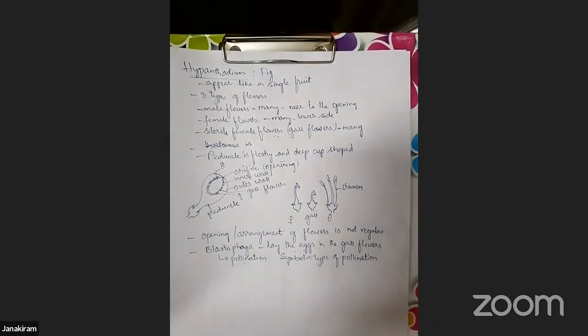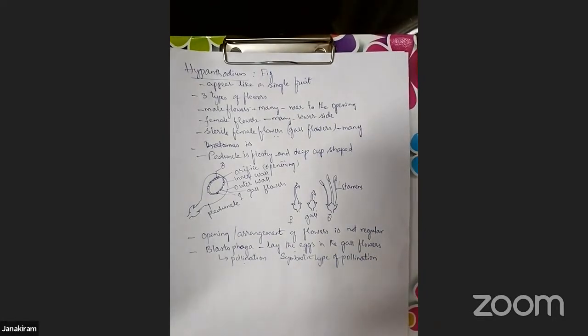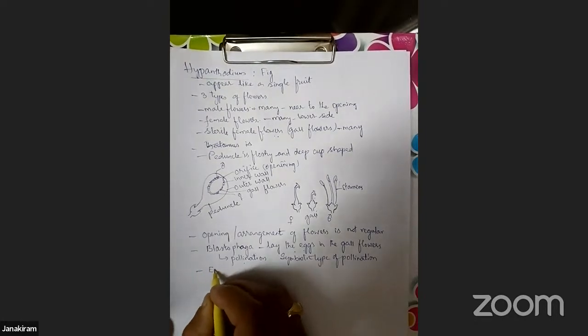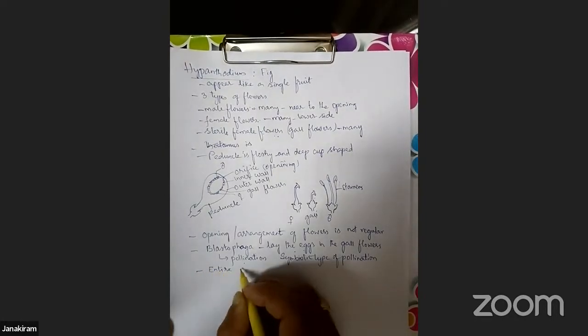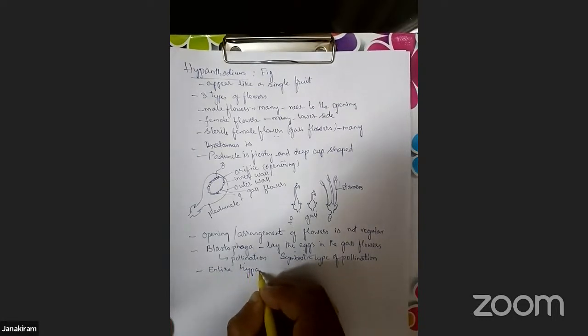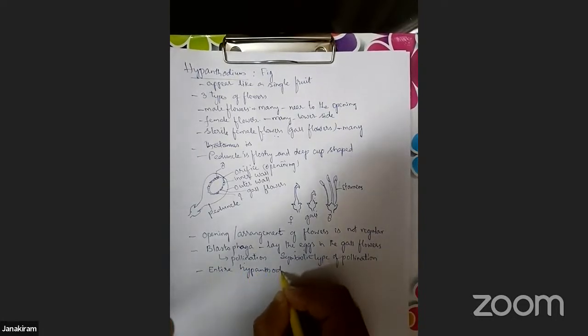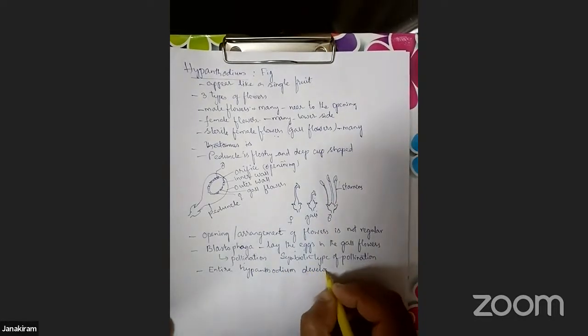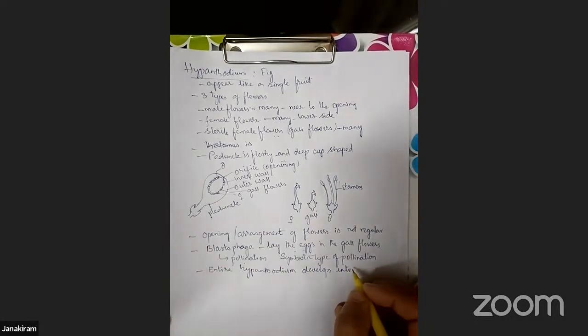So this is about the Hypanthodium inflorescence. And after pollination, we know that fertilization will be taking place. So here, the entire Hypanthodium inflorescence develops into only one fruit.